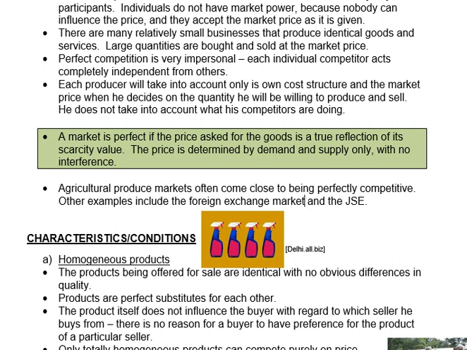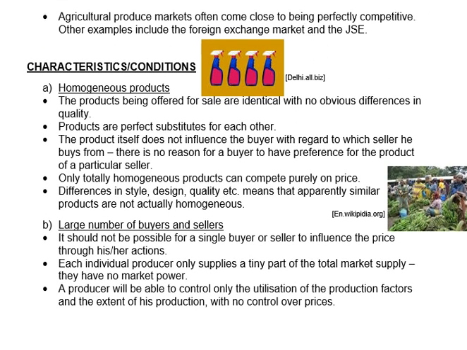If we look at the characteristics or the conditions for the existence of a perfect market, the first one is that homogeneous products are being sold. Homogeneous means they are identical. So the products being offered for sale by different producers in the perfect market are all identical.